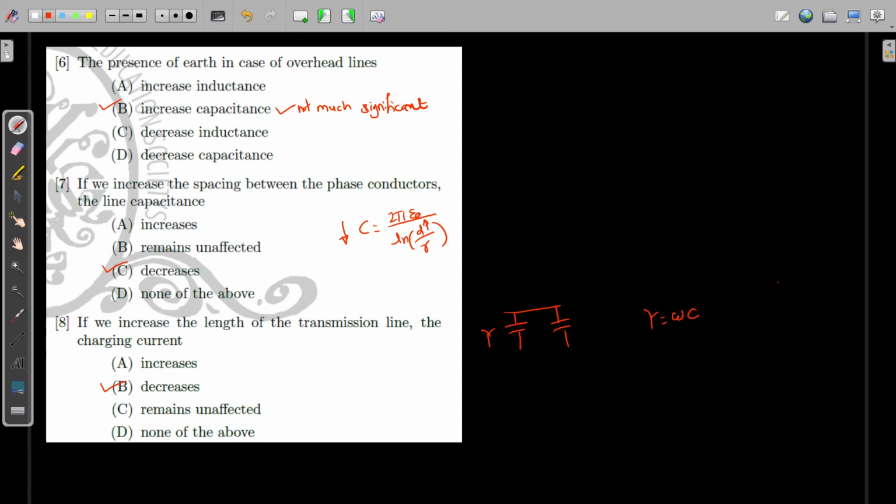Y is equal to omega C. If the length increases, the value of C increases, and the charging current is equal to Y into V. So Y also increases, hence the charging current also increases.